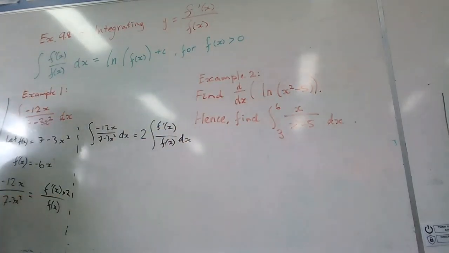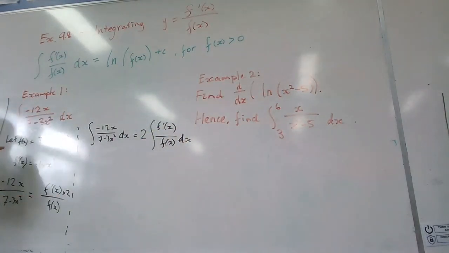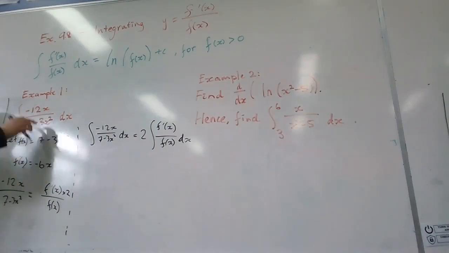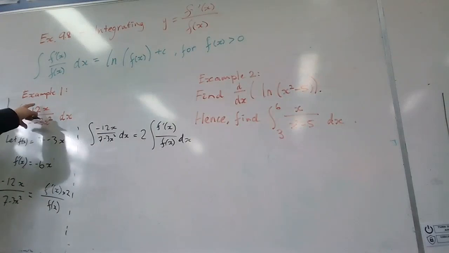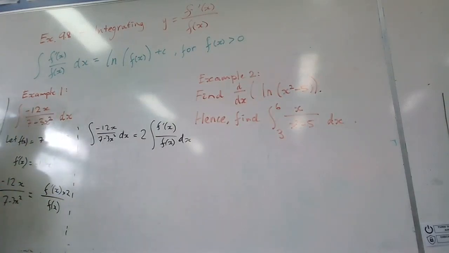I'm going to repeat those steps again. I've let the bottom function be f of x. I've derived it, noted that it's negative 6x, which isn't negative 12x, but it's something I can change into negative 12x. I've equated the function given in the question to my new function, but I needed to multiply by 2, because it's negative 6x instead of negative 12x. Then in order to apply that, I've anti-derived it on both sides.